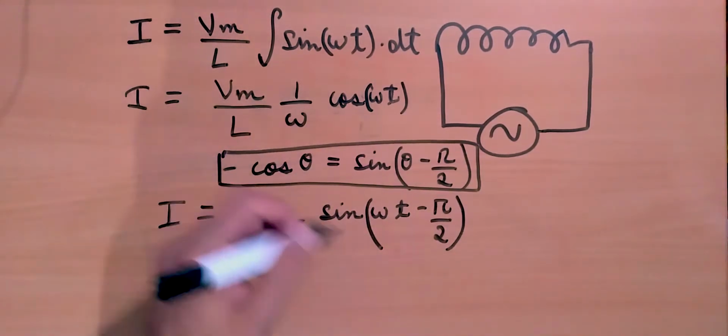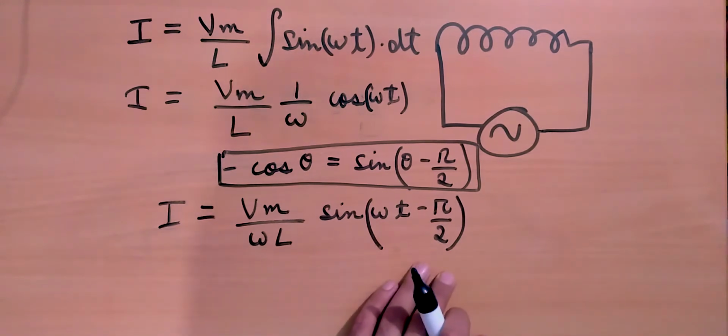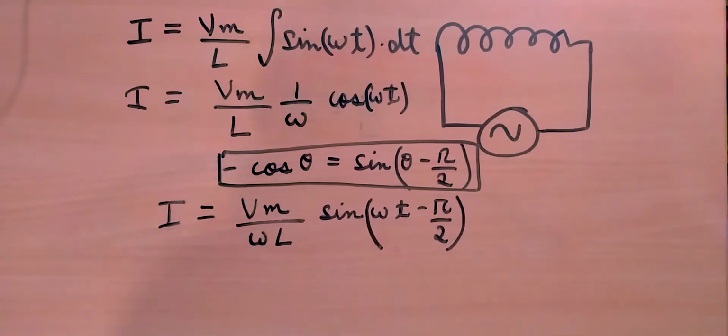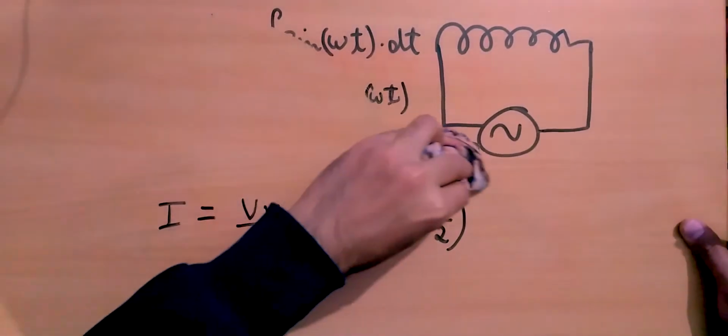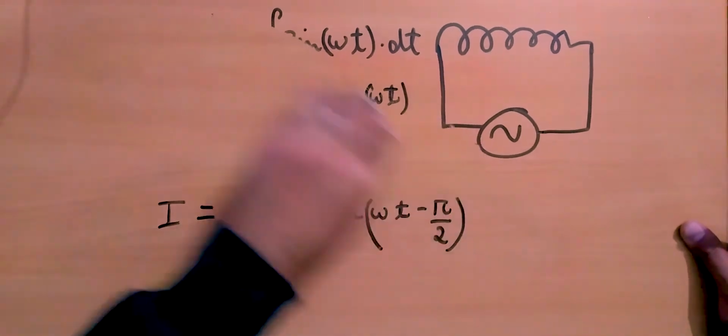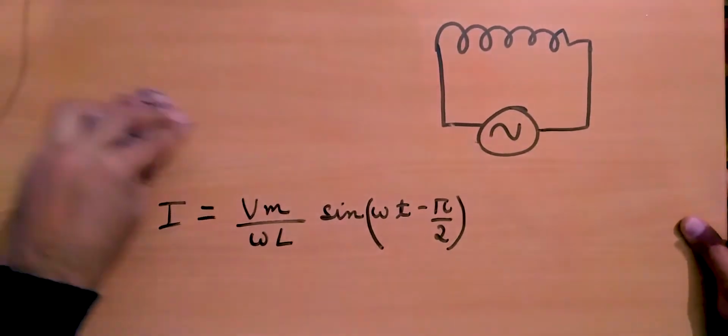I'll just mark it out, and this is the final expression that I am left with. So I'll just remove the steps here just to focus on the real final expression. And yeah, this is the final expression that I'm left with.